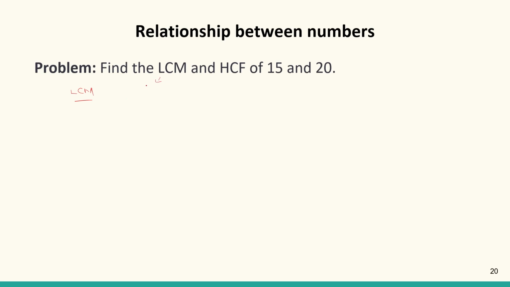This was lowest common multiple. There are three parts: multiple part, common part, and lowest part. We start from the end, that is, first we evaluate the multiples. So let's first evaluate the multiples of 15.